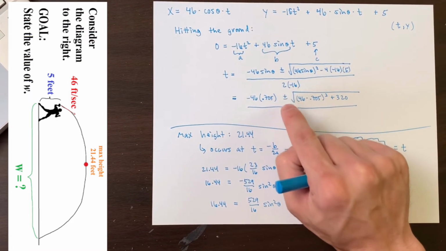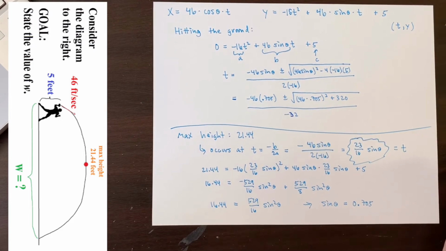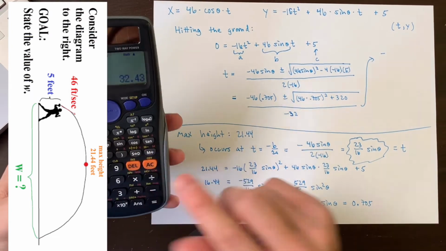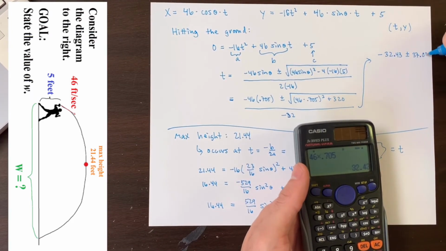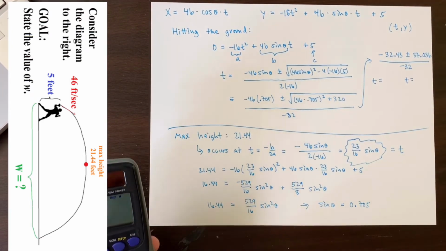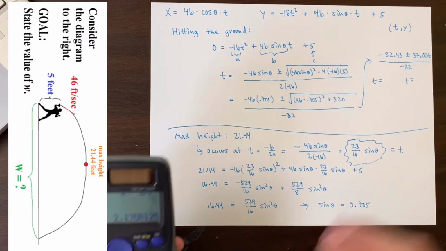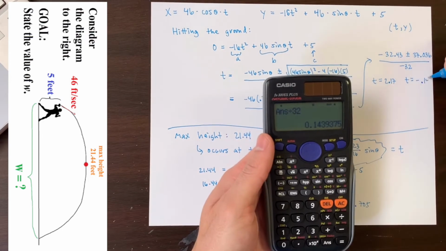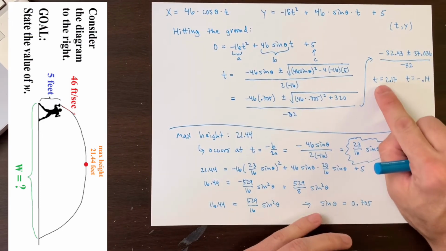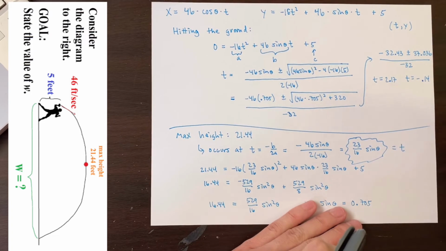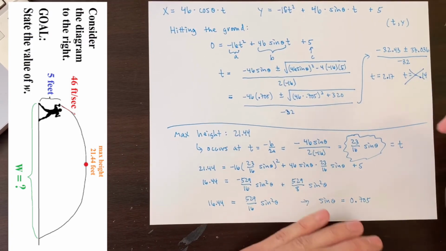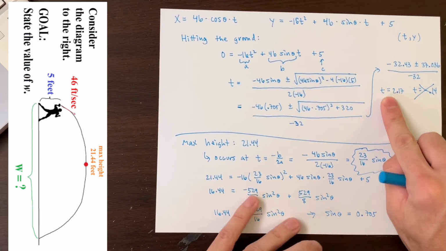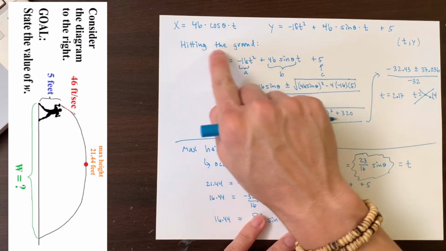We will apply the plus and minus to get two different values of t. So I have discovered that there are two times, but we discard the time that is negative, and we only run with time 2.17. And recall that this time is the time when the ball hits the ground.